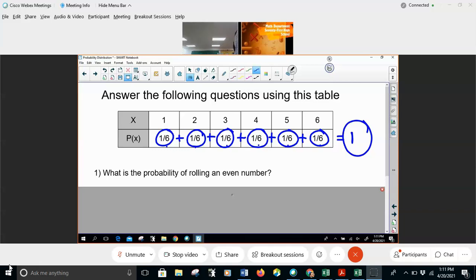We know 2 is an even number, 4 is an even number, 6 is an even number. For 2, there's a 1/6. For a 4, there's a 1/6. And for 6, the probability is 1/6. So to find the probability of an even, we're going to do 3/6.